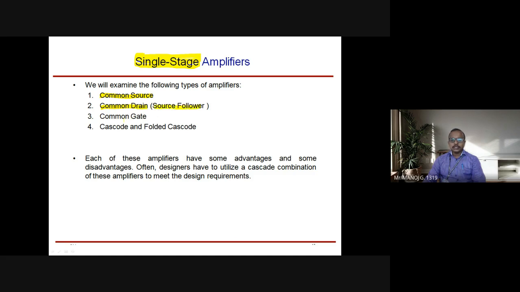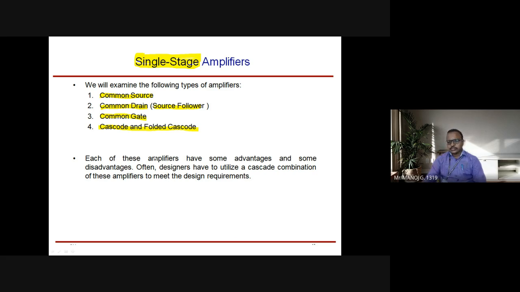The third type is common gate. So these are three terminals: source, drain, and gate. When you make each of them common, there are three major types. And the last category is called the cascode and folded cascode type.